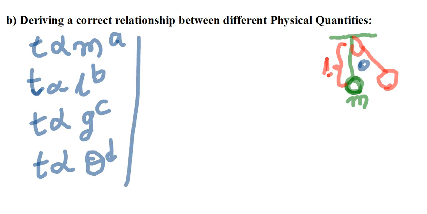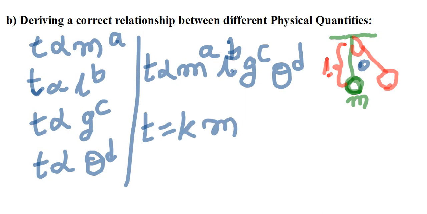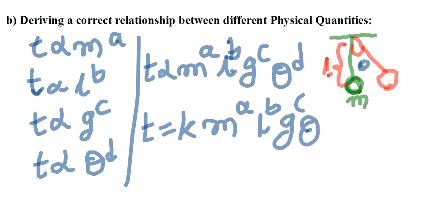So T is proportional to m power a, L power b, g power c, theta power d. When we remove the proportionality symbol, we get the proportionality constant.